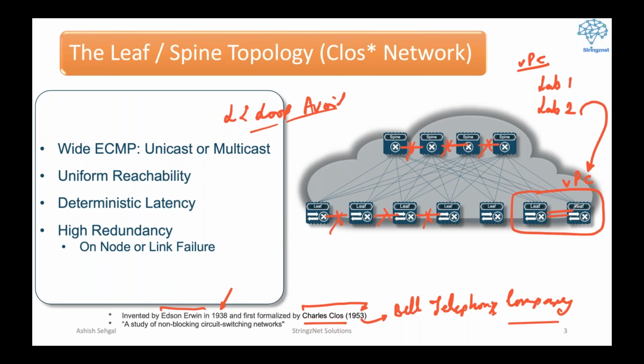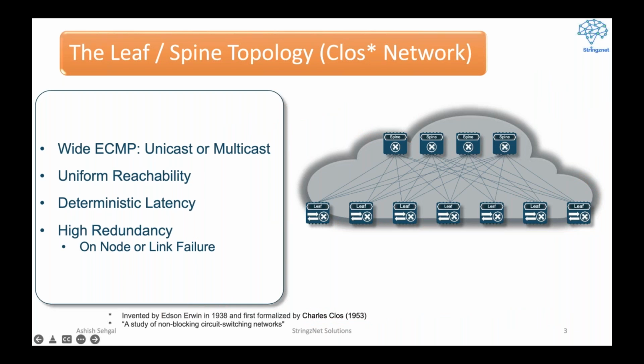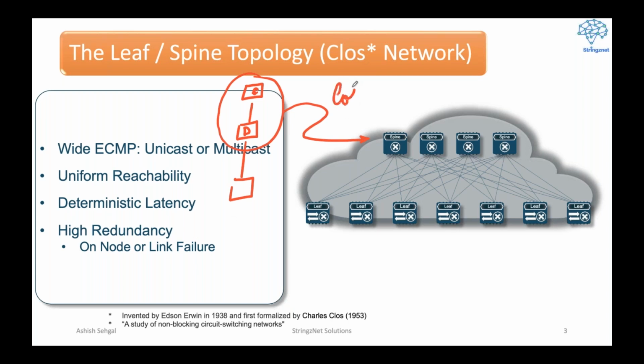Now, without telling you, I have named them as spine and leaf. Guys, in this topology, this is not a conventional Cisco 3-tier architecture topology, wherein we have core, then distribution, and then access. Instead, the core and distribution layers are merged in one single layer, and unofficially you can call it collapsed core.